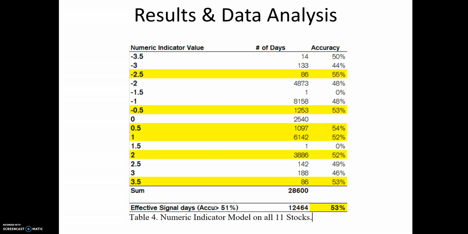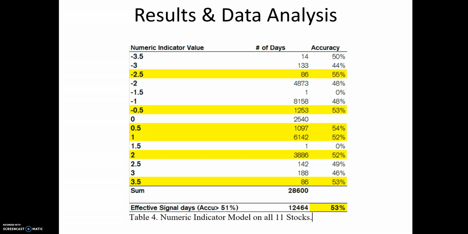Among other scenarios, I would like to talk about 0.5 and 1. They're interesting because the number of observations is very large. That means it can produce a very consistent result, and the accuracy rate is not bad.